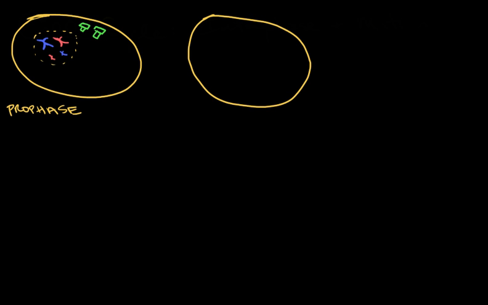In the second phase, which is called metaphase, the centrioles have moved to opposite ends of the cell, and they've created, well, let me draw my chromosomes here first.